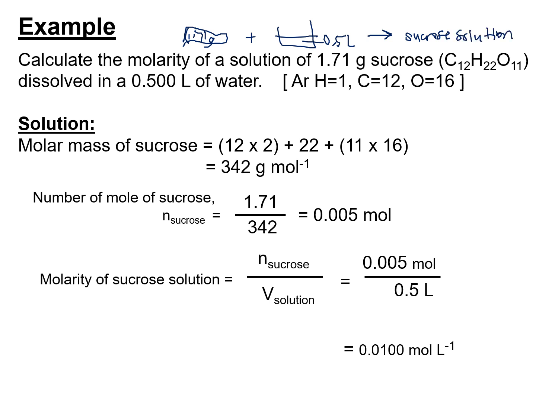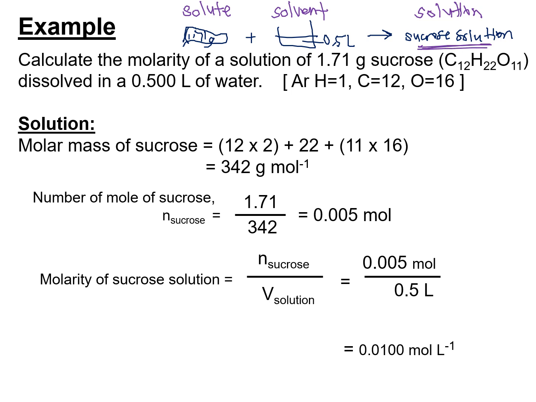Sekarang ni, you tahulah sucrose ni adalah solute. Because dia dissolve di dalam water, makanya water adalah solvent. Sucrose solution adalah solution. Soalan suruh nak cari molarity of this sucrose solution.